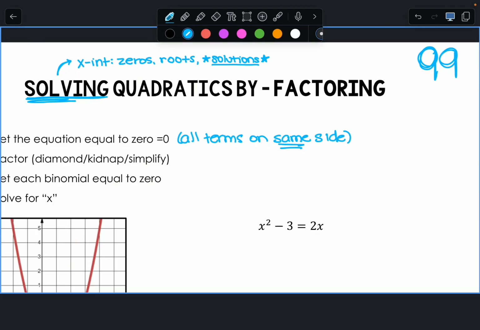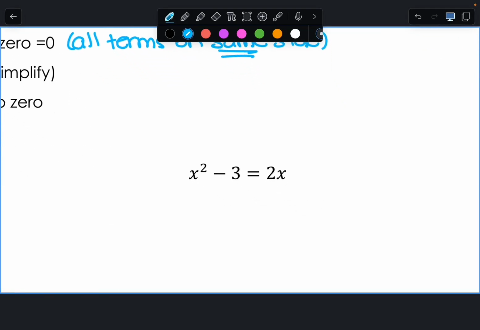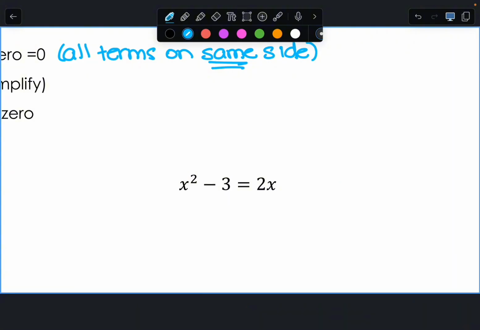How do I move that 2x to go back to the left side with the x squared and the 3? Think back to solving equations. Let's wake up. How do I move 2x back to the left side of the equation?